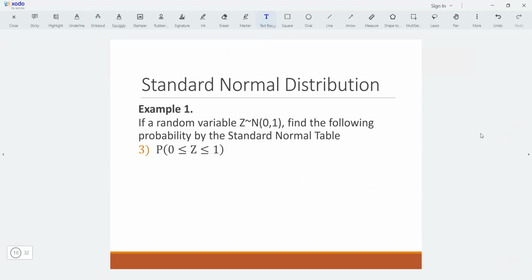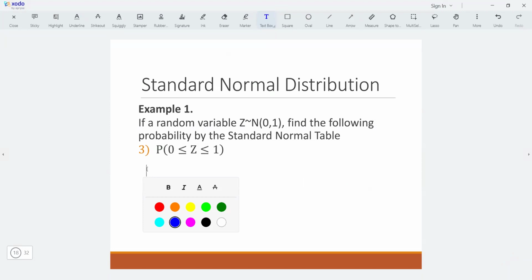This example shows how we can find the probability that a standard normal random variable is between 0 and 1. Our table can only help us find the probability that the random variable is smaller or equal to one specific number, so we can't directly use the table.